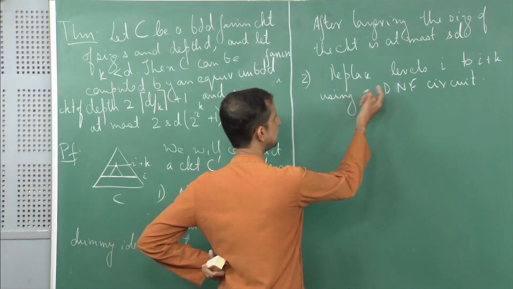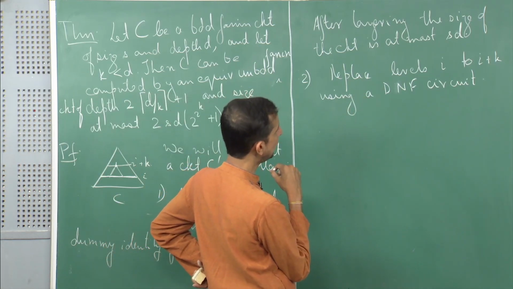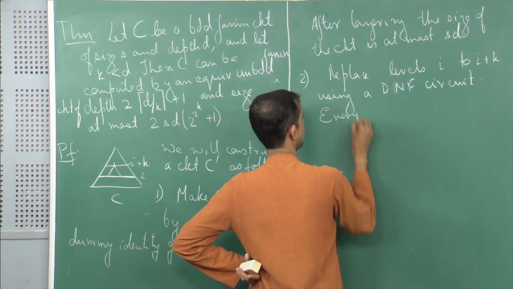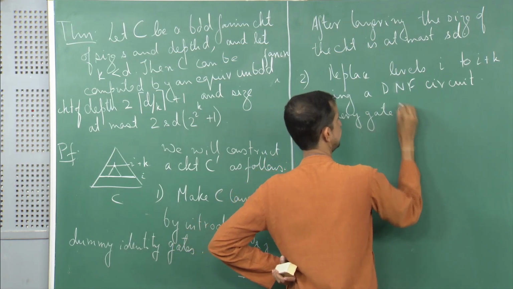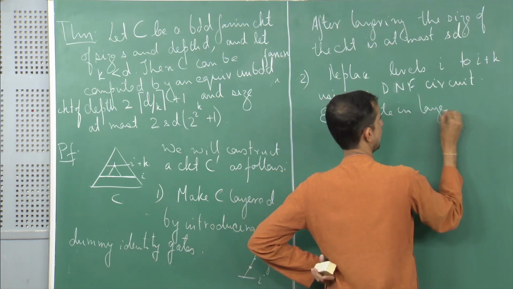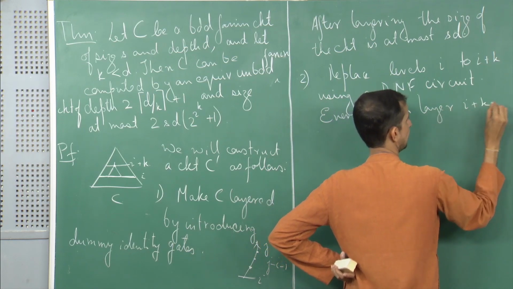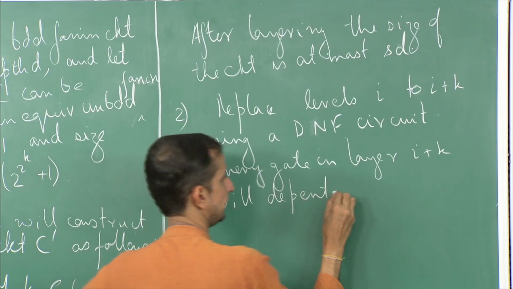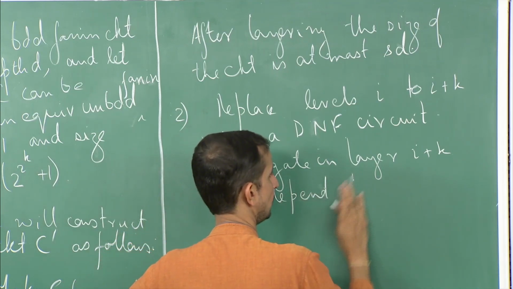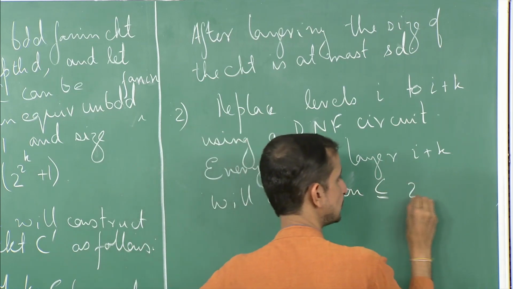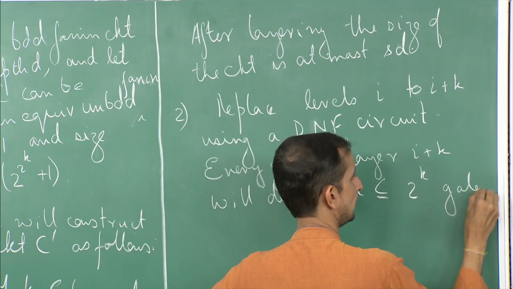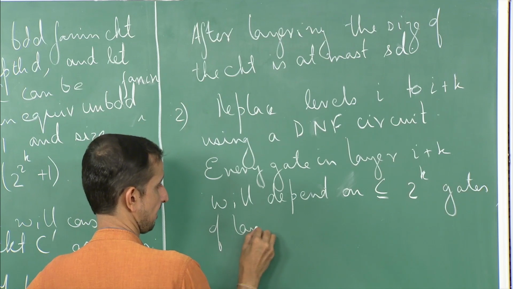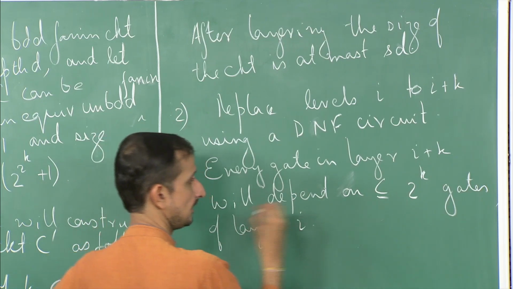So how many inputs will it depend on? Every gate in layer i plus k will depend on at most 2 to the power k gates of layer i.